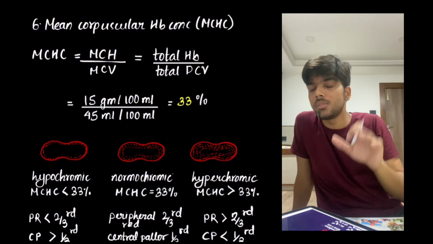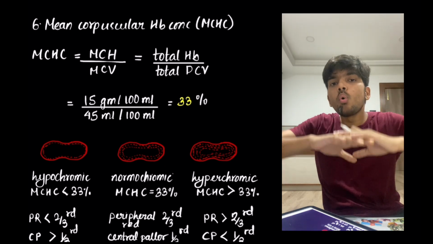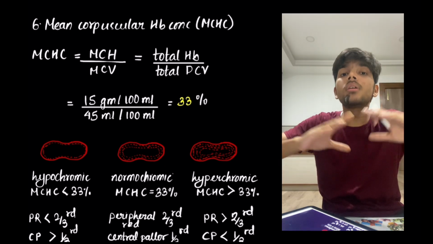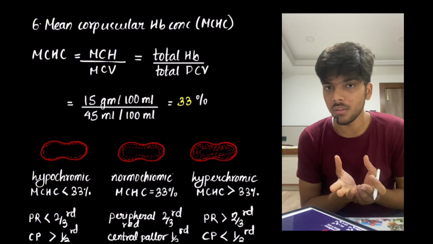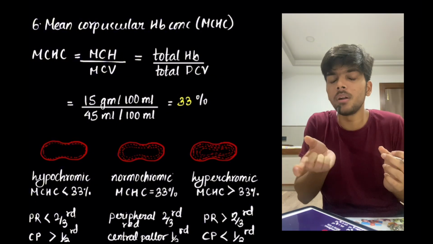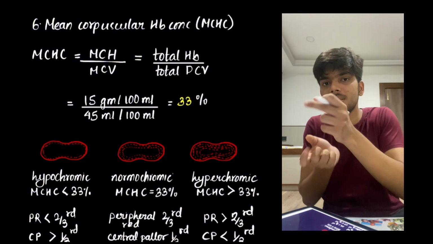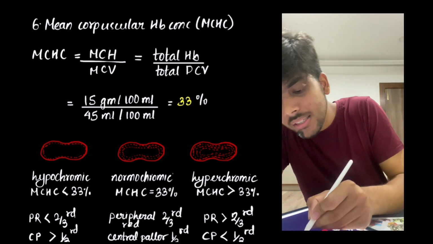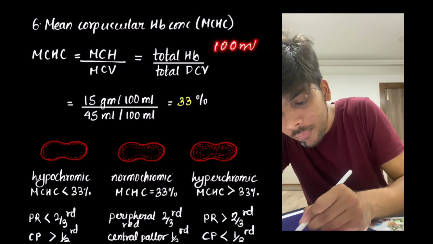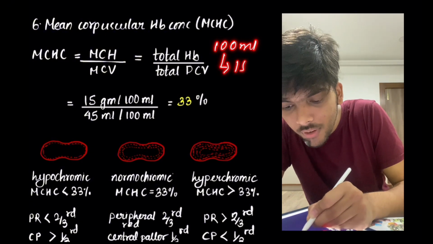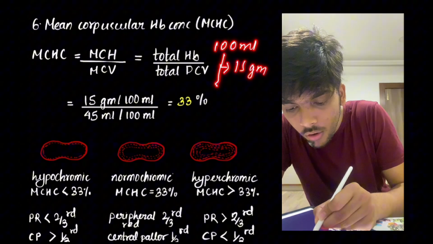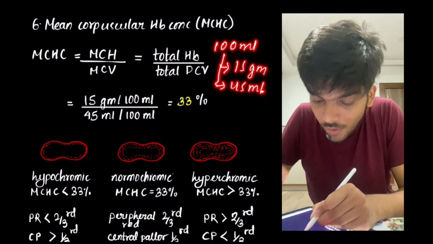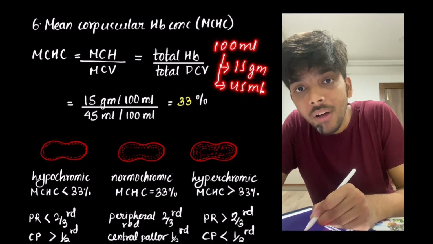In other words, you can say take the total amount of hemoglobin in blood divided by the total volume of red blood cells. So in unit volume of red blood cell, you are going to find how much hemoglobin is there, right? Okay, so let's say you have taken 100 ml of blood. 100 ml of blood contains 15 gram of hemoglobin, and it also contains 45 ml, 45%, of red blood cell volume.